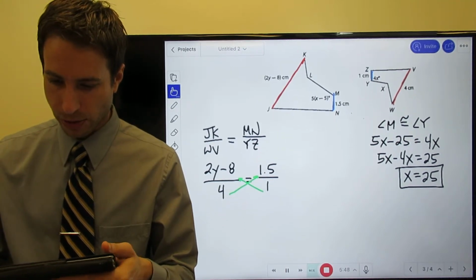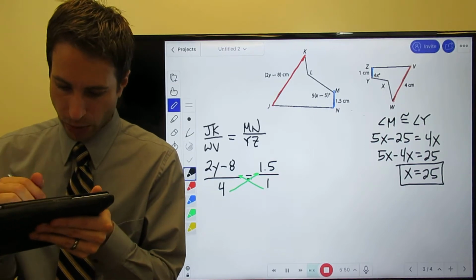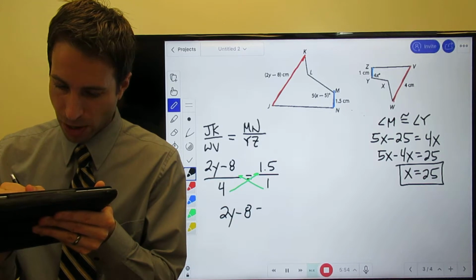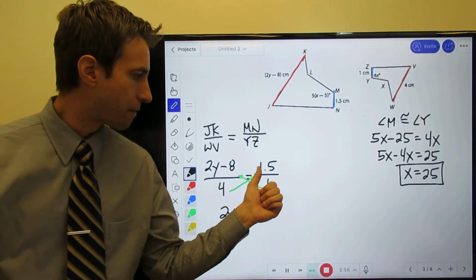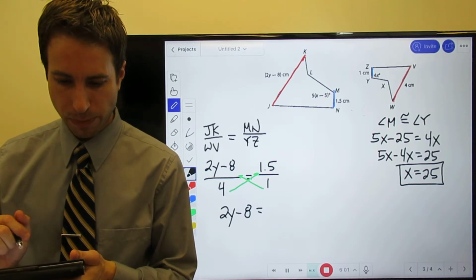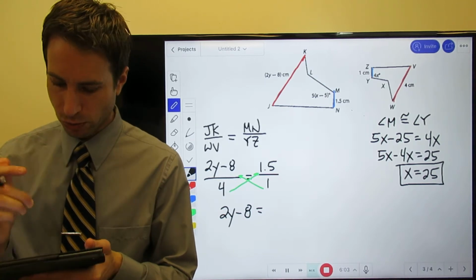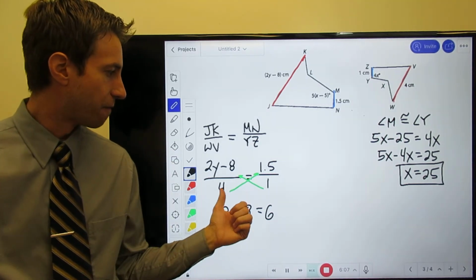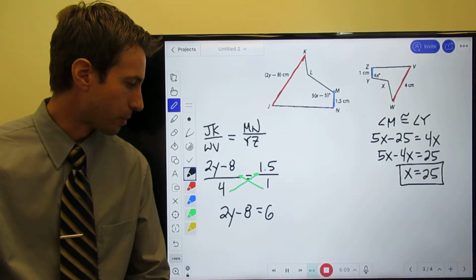So let me slide on up here so I've got a little bit of space to work. We're going to wind up with 2y minus 8. On the other side, I'm going to multiply 4 by 1.5. Again, you just plug that into a calculator. 4 times 1.5, you'll wind up with 6.